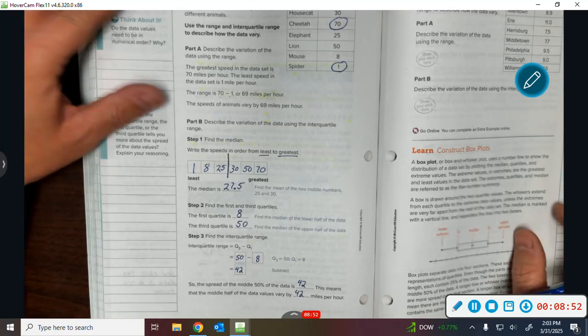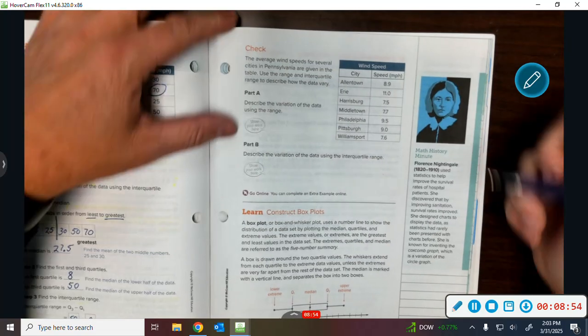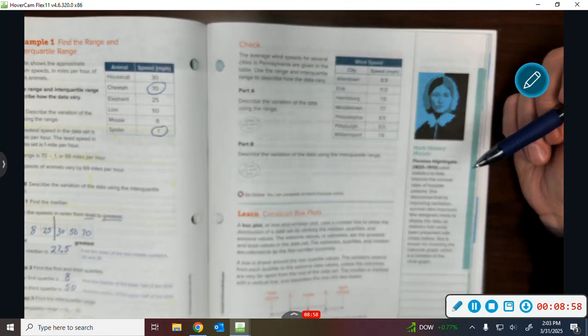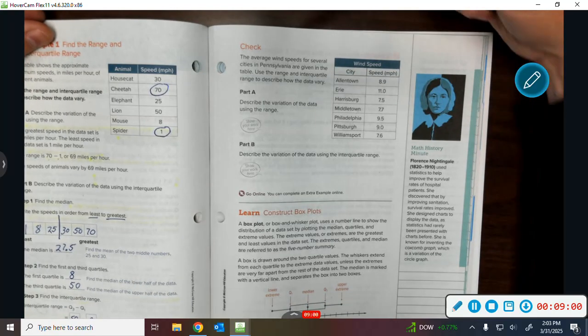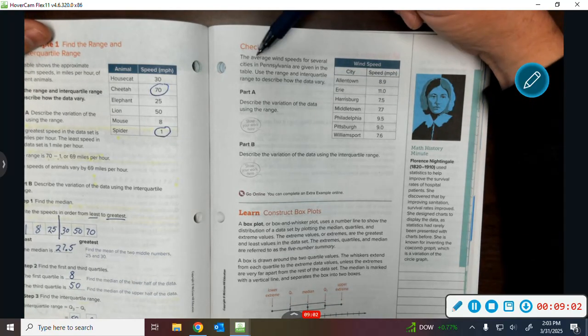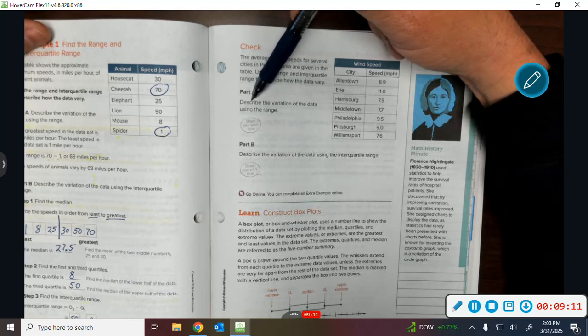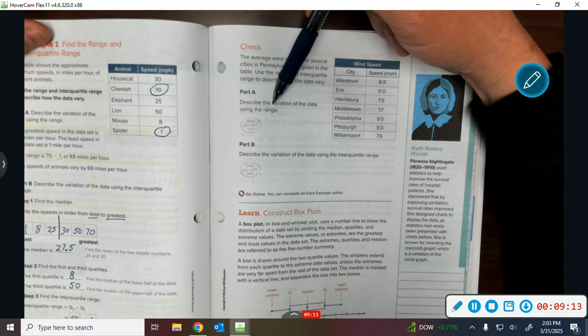I want you to do this check question. Pause your video, then come back and check your work. It says the average wind speeds of several cities in Pennsylvania are given in the table. Use the range and interquartile range to describe how the data vary. First, describe the variation using the range.